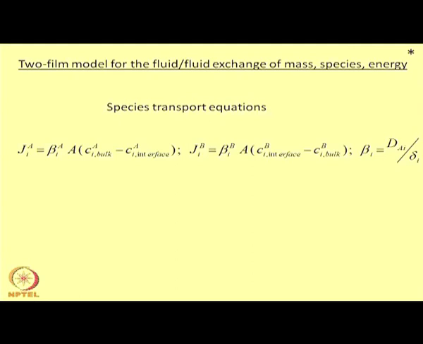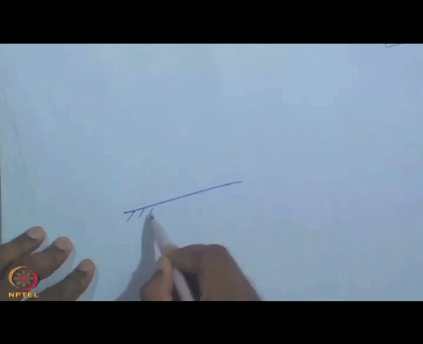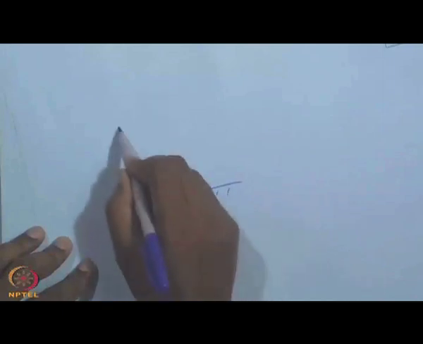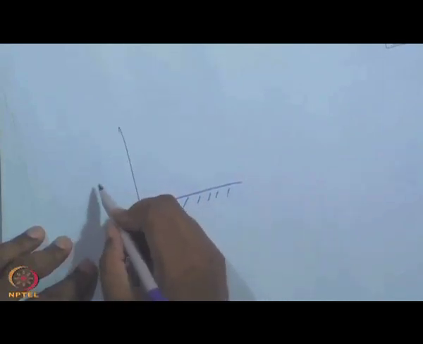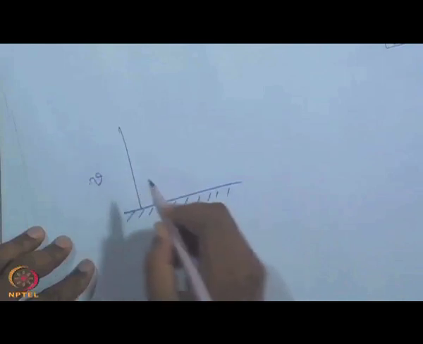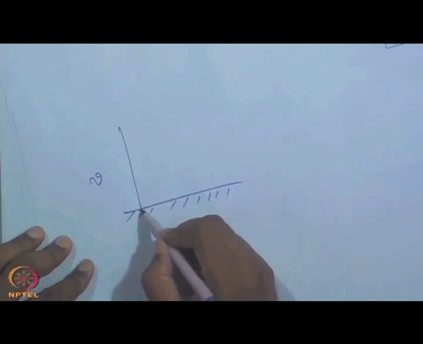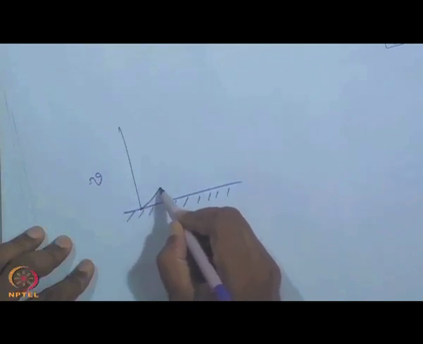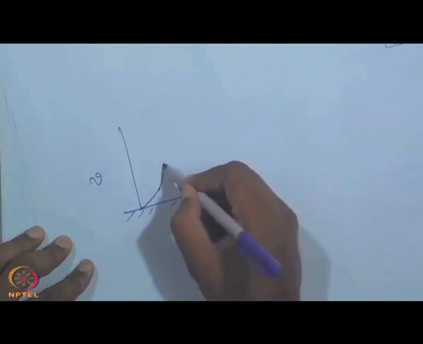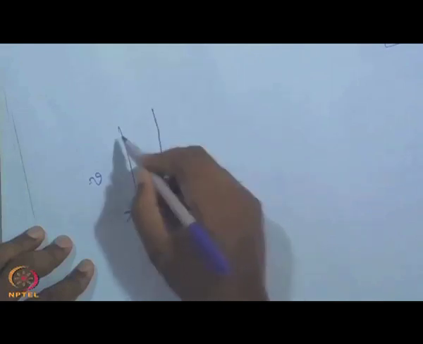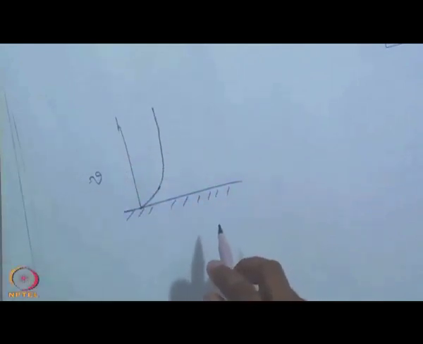Now, there are several models by which one can predict the species transport, and this is just a case of a TwoFilm model, which can be expressed as I mentioned before. Let us say I am plotting the velocity profile. What you would see is that the velocity will sharply change, and it is going to become more or less parallel.